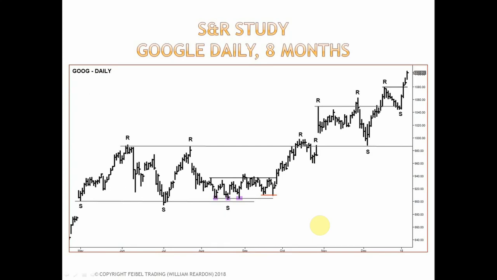So from our local level support, we rally back to resistance. Naturally, we should encounter some supply, but there's a big difference. What's occurring here? Last time was resistance here, good selling. Resistance here, we gap down. Now we come to resistance and we're holding. Interesting.